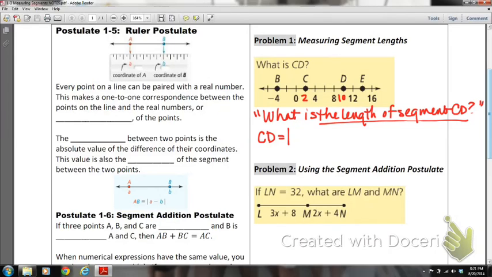So the absolute value of 2 minus 10 is the absolute value of -8, which is +8 for the distance or length of that segment. We could have also put the values in the other way. We could have said 10 minus 2, which would be the absolute value of 8, which is 8. Either way, you're going to get a distance or a length of 8.